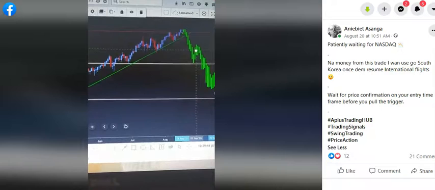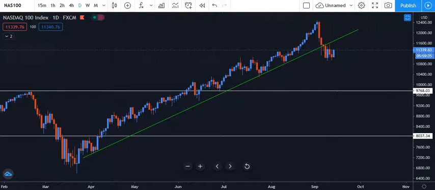So let's look at the live chart right now and see if price has actually moved in that direction. This is when I made the projection, August 20, right there.